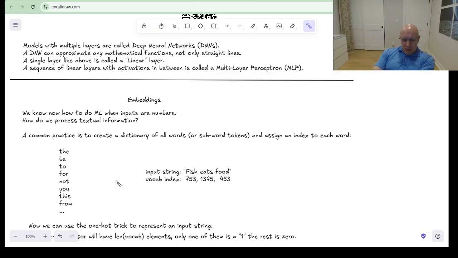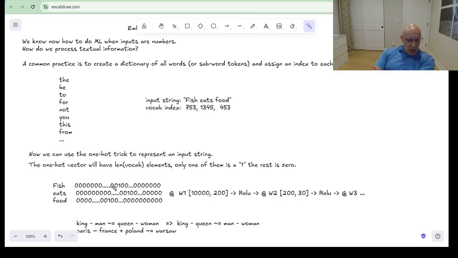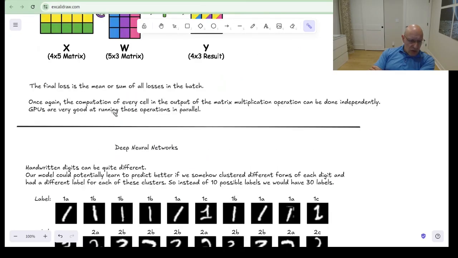We need to come up with a better way to convert strings to something that the model can understand. And the trick is, first, we will just use a one-hot vector. Each word will have a unique index in our one-hot vector. So if I have a vocabulary of 10,000 words, and each word has its own index, I will create, for each word, a one-hot vector, just like we did before with 10 digits.